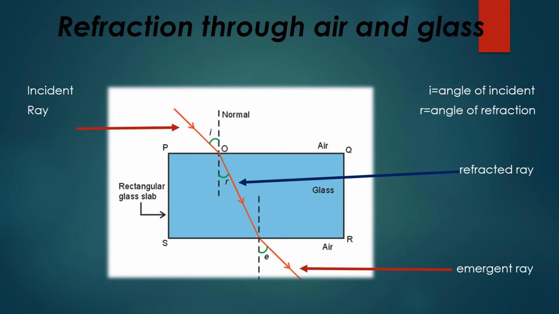So, the angle which is in between the normal and the refracted ray gets lower. When a light ray enters the glass block from the air, it bends towards the normal. This is because glass is denser than air. A light ray travels slower across the glass block than through air.